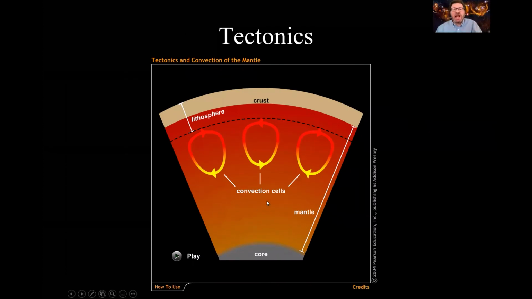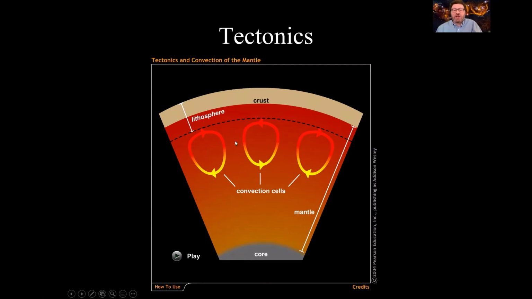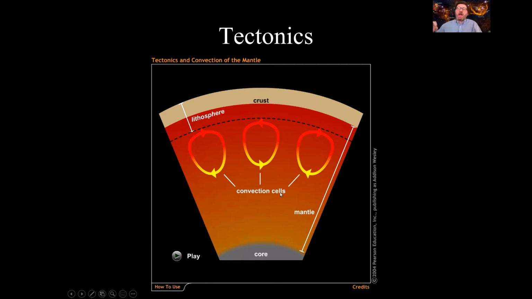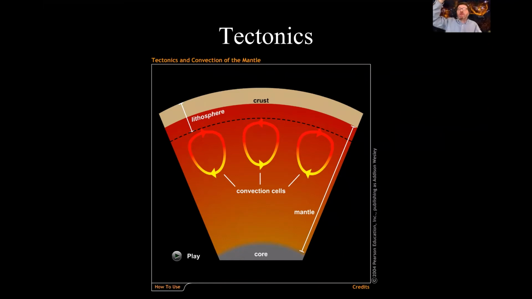And so inside of this mantle, even though it's rigid, you have what are called convection cells. And what's happening is that material will gradually rise up and then fall back down again. It's really the same kind of physics as what happens when you boil a pot of water.